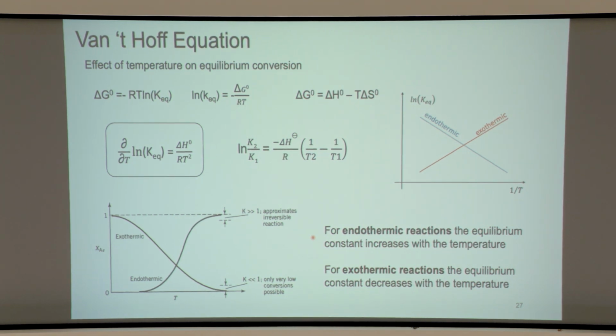So for an endothermic reaction, the equilibrium constant is increasing with temperature, and for exothermic reactions, the equilibrium constant is decreasing. So as you increase temperature, the exothermic reaction is becoming disfavored.